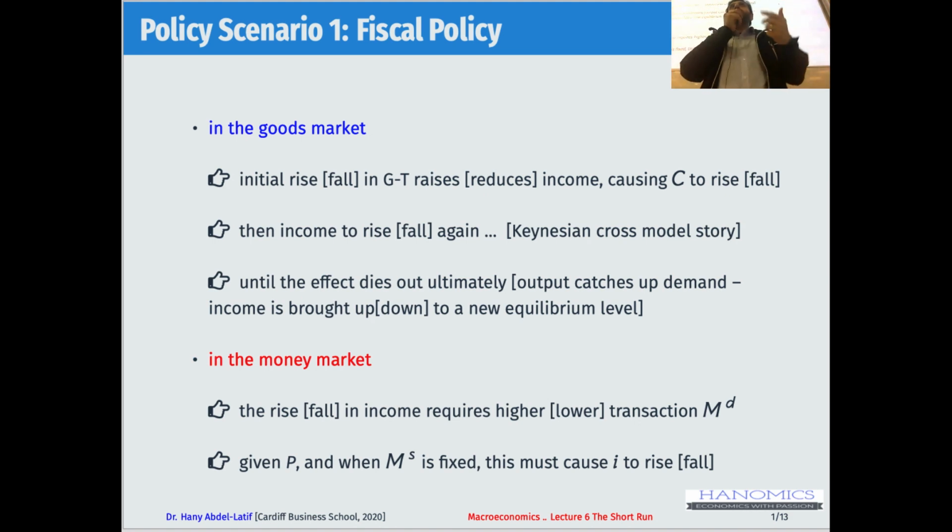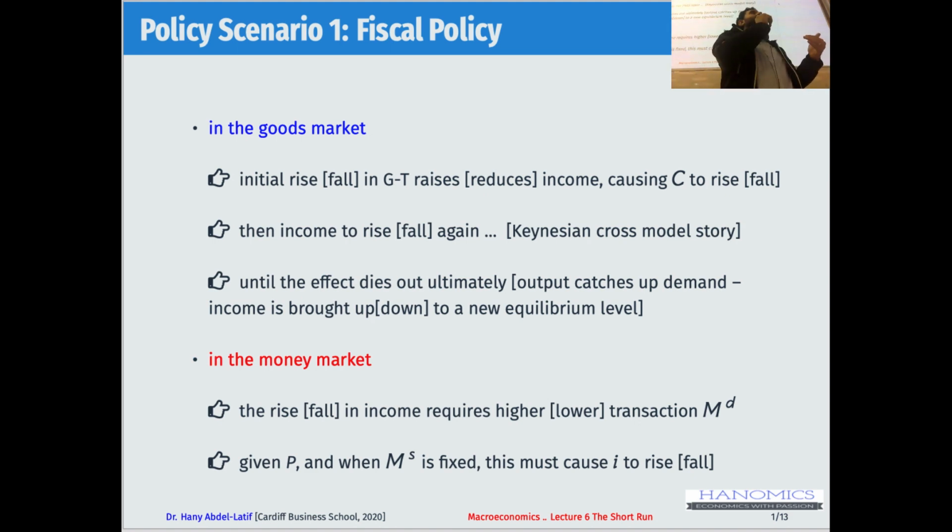How i and Y, or how the interest rate and output level, will respond to a change in fiscal policy. Obviously, there are changes that will happen in both markets, the goods market and the money market. And this is one of the points that one of you actually discussed with me last time after the lecture.